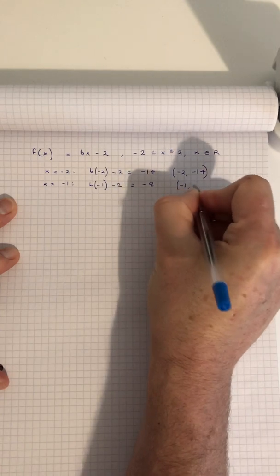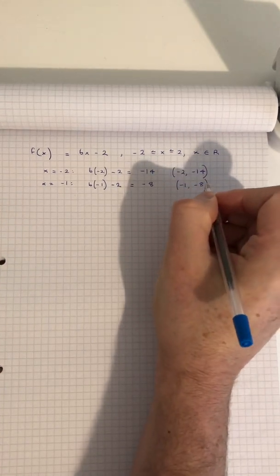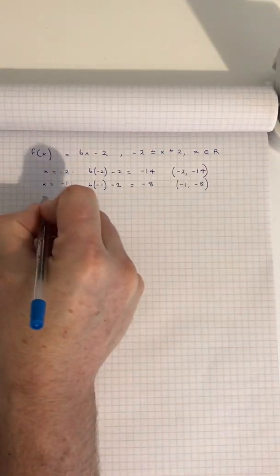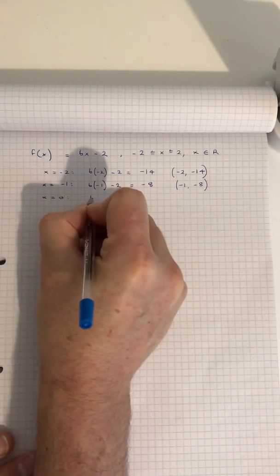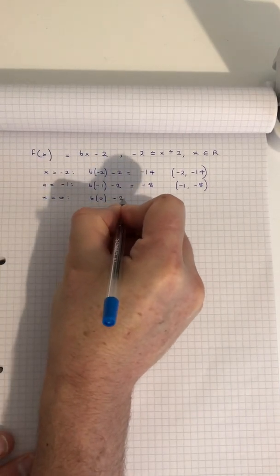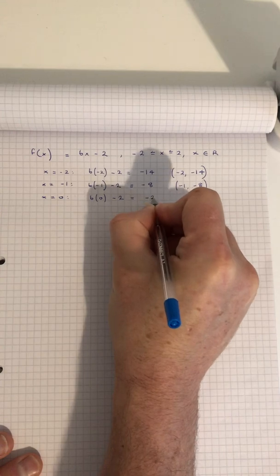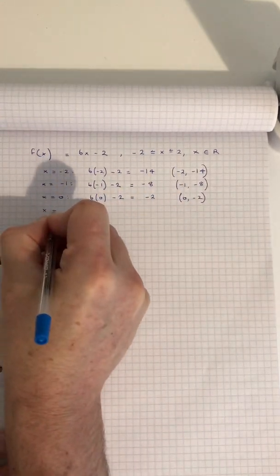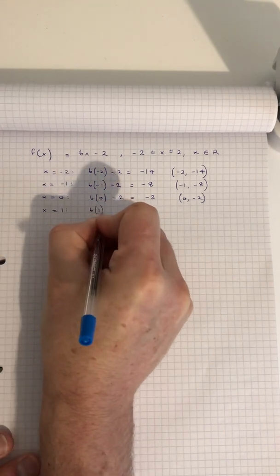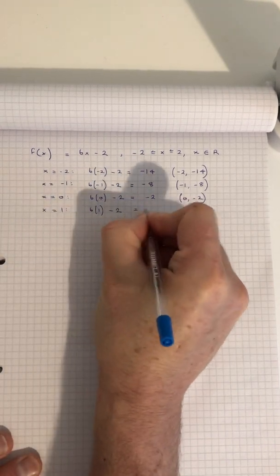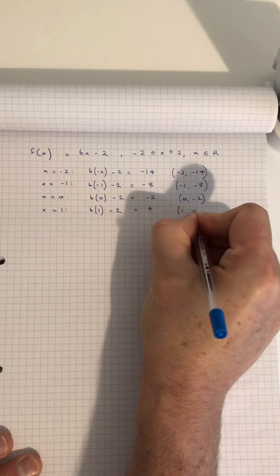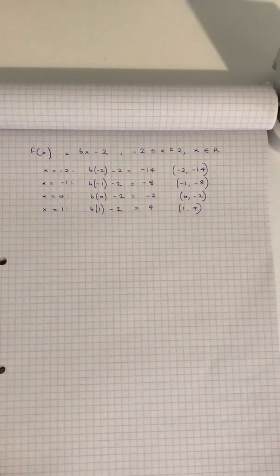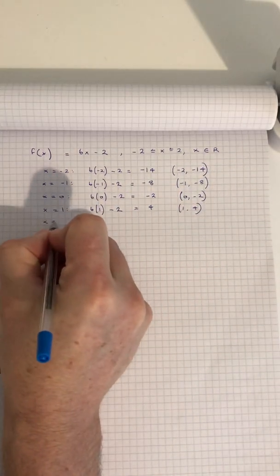So minus 1 and minus 8. When x is 0, 6 times 0 take away 2 is minus 2. When x is 1, 6 times 1 is 6, take 2 is 4, 1 comma 4, and finally when x is 2.